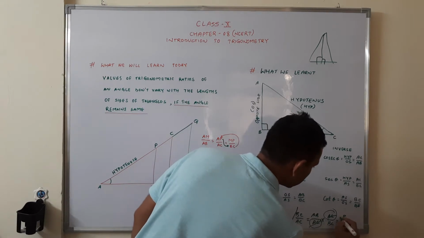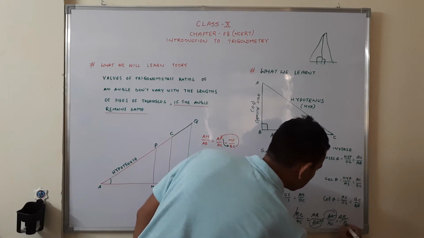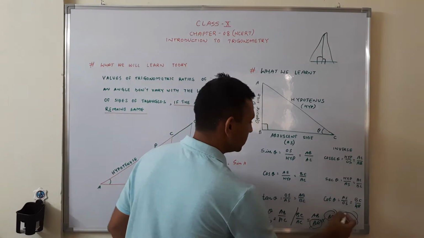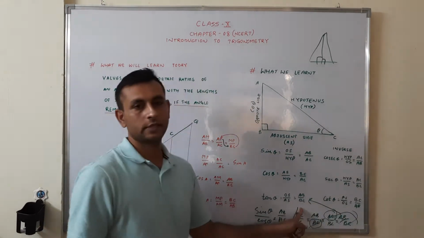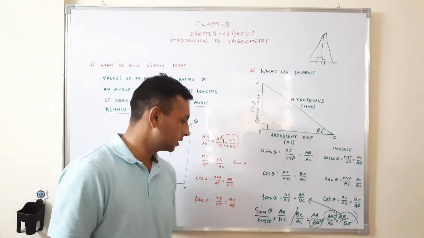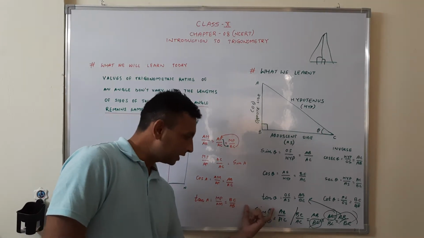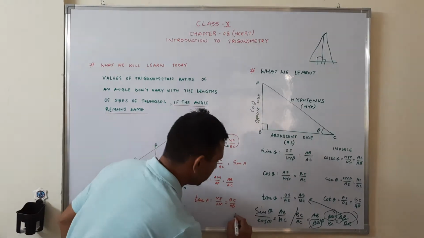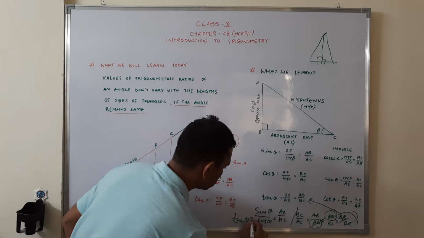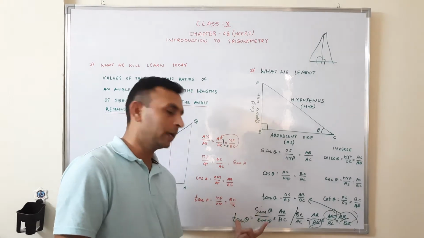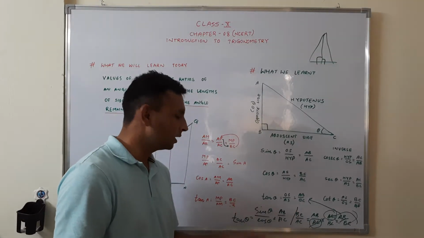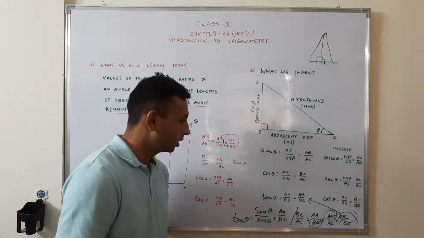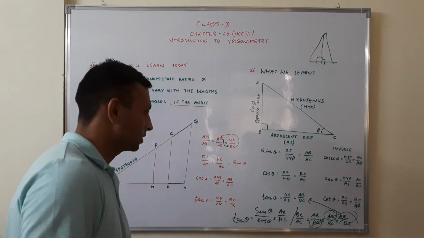So ultimately, it is the same as what we had studied in the last lecture: AB upon BC. Hence, sin theta upon cos theta is a ratio which is defined as tan theta. If I want to make tan theta, I can take the division of sin theta upon cos theta. This is what we had learned in the last lecture.